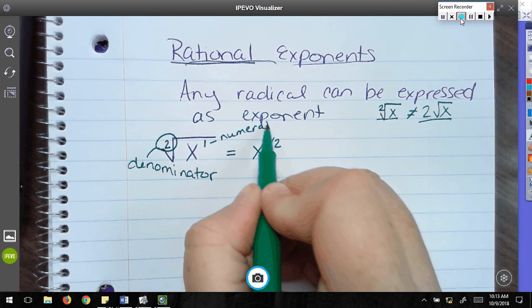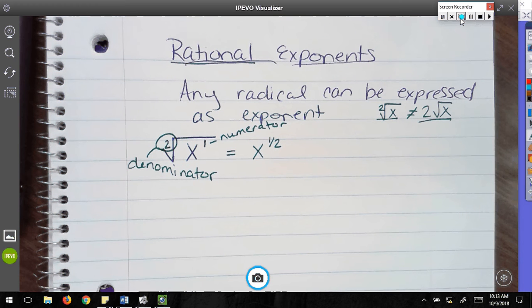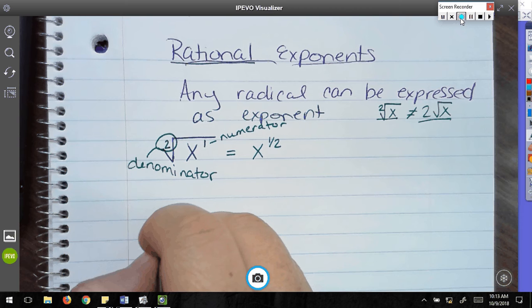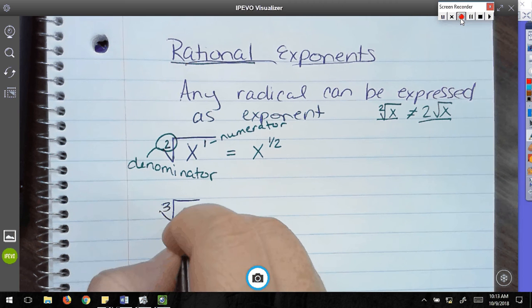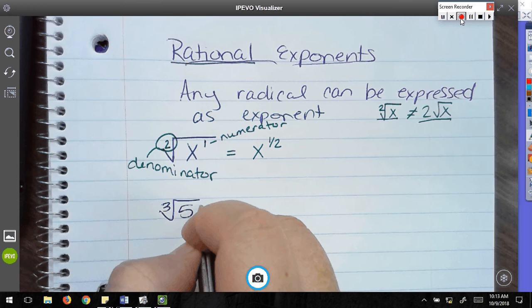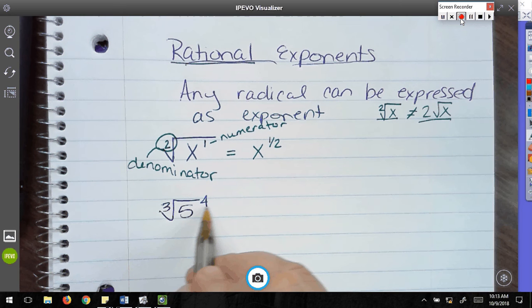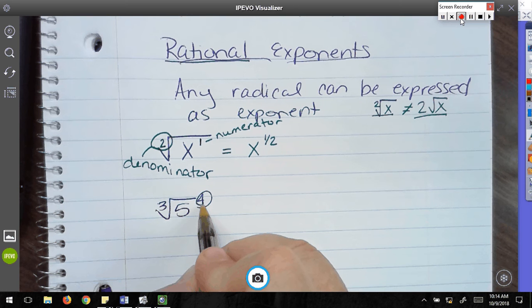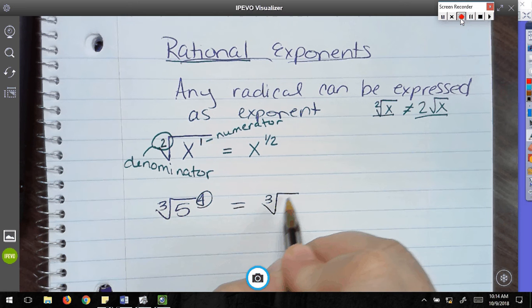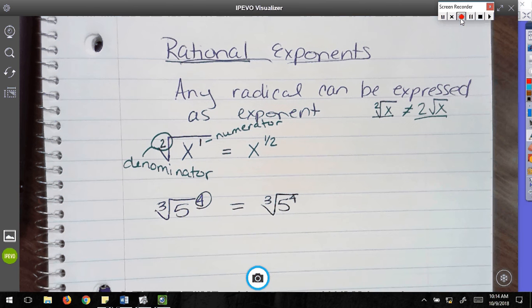For example, if I have the third root of 5 to the 4th, this 4 can be written here or it can be written here. Those are both the same thing. This is called radical form.